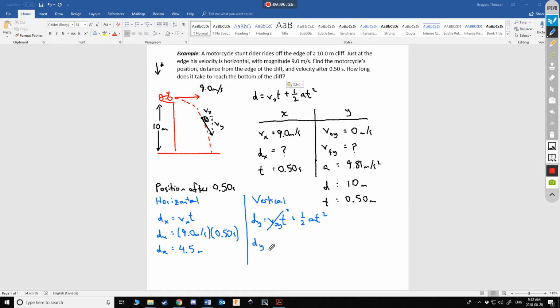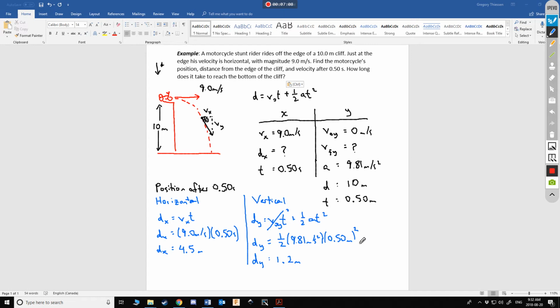So we end up with dy is equal to 1/2 multiplied by our acceleration, 9.81 meters per second squared, multiplied by our time, which is 0.50 seconds squared, and we end up with a y value of 1.2 meters. So after 0.50 seconds, we've only actually fallen 1.2 of those 10 meters. Okay, sorry if I have to write that square right there.